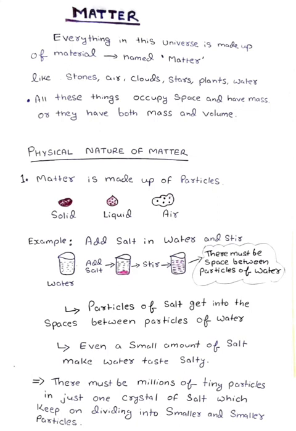Even a small amount of salt, if you add it to water, makes the water taste salty. Why? Because there must be millions of teeny particles in just one crystal of salt, which keep on dividing into smaller and smaller particles. So the size of these teeny particles is very small and they can be divided into smaller and smaller particles.